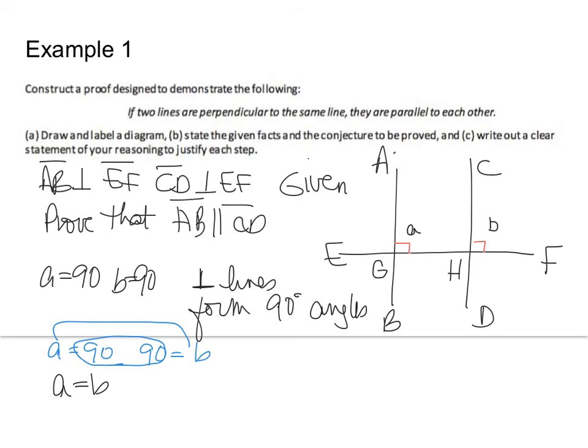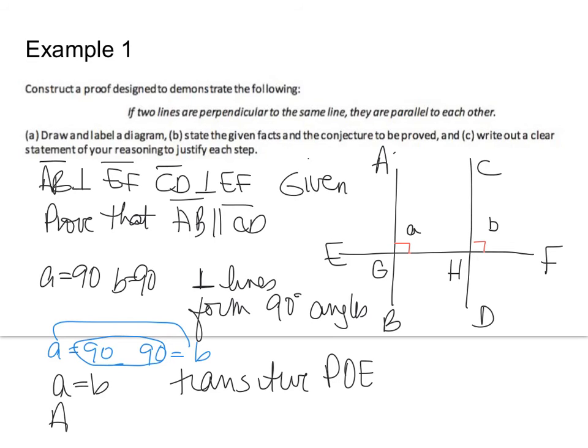We can say that A equals B because of the transitive property of equality. It's just one of those tools that we use a lot that is very similar to substitution, but it's not. So A and B, they're corresponding angles. If these two are equal, then you know those two lines are parallel, because that's the definition of corresponding angles.